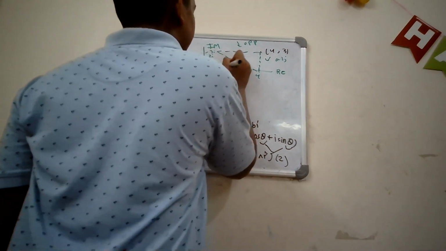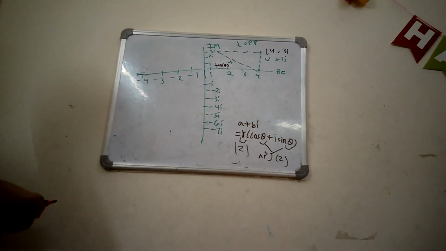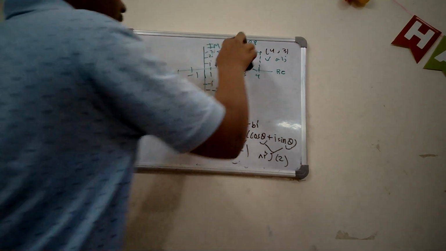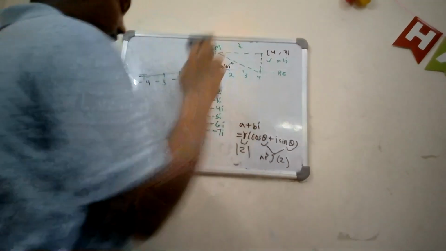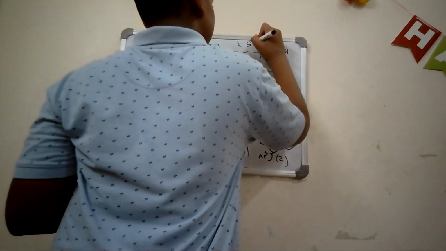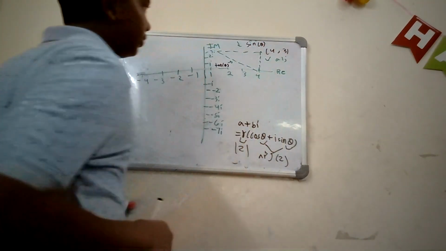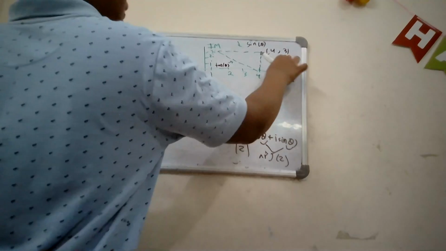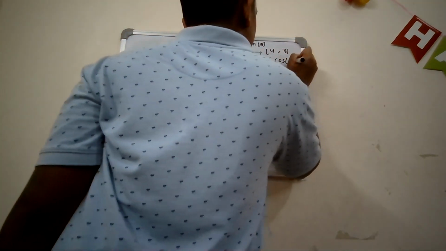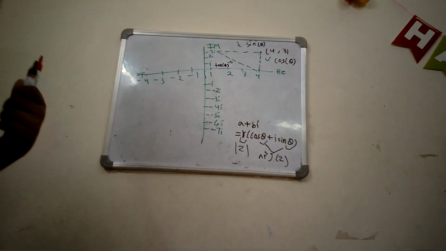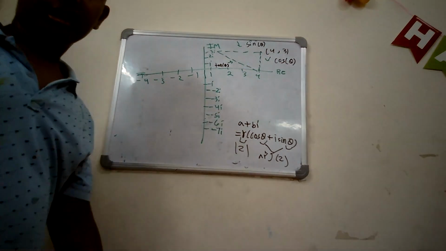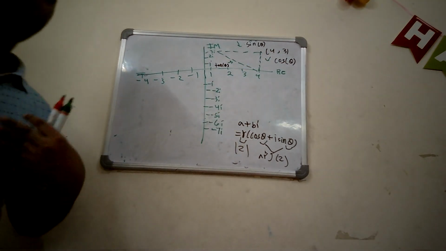You can rewrite this in trigonometric form. And the opposite you can rewrite as sine theta, and we can write the adjacent as cos theta. Make sure you know that theta is also denoted as the argument, but we'll find out later.